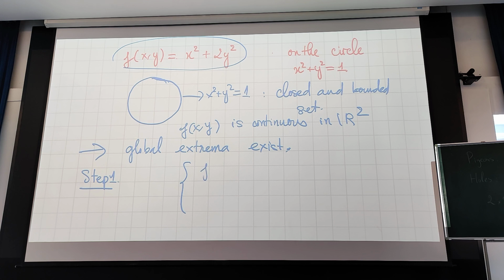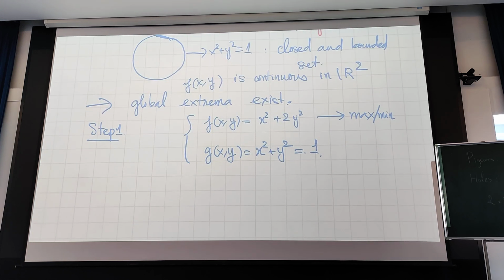So here f(x, y) is x squared plus 2y squared. We are going to find the maximum and the minimum, and the constraint g(x, y) equals the equation of the circle, and the value of k is 1. Now we know the constraint. That is a very important step.